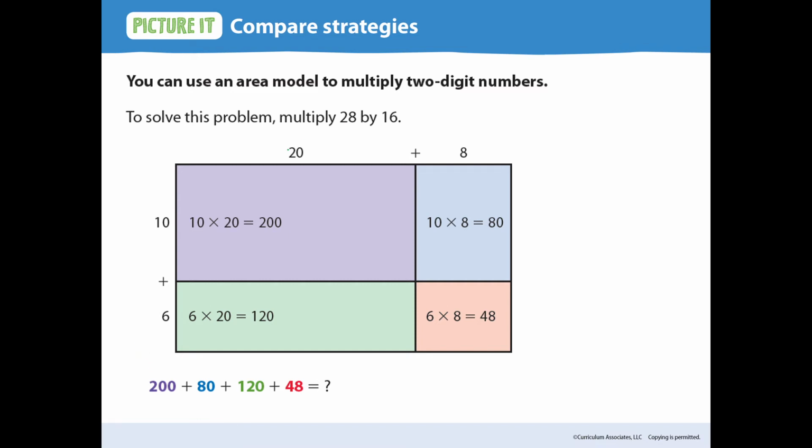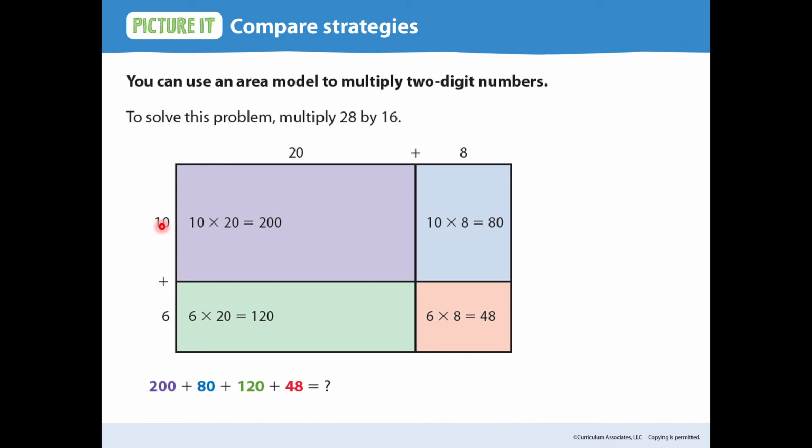So 28 is the same as 20 plus 8, and we can see that up here on the top. We have 20 plus 8. There's our 28. And 16 is the same as 10 plus 6. And so we can see there's our 16 on the side.